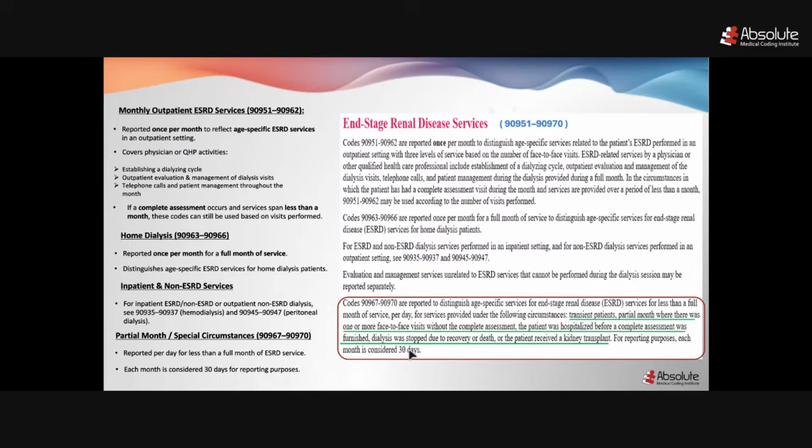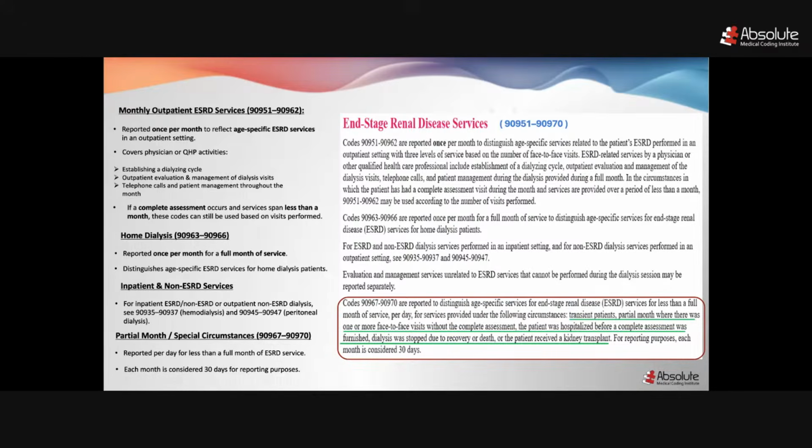They can be used in situations like a transient patient, a partial month with one or more face-to-face visits but no complete assessment, a patient hospitalized before a complete assessment, dialysis stopped due to recovery or death, or in cases of kidney transplant recipients. Again, here I will give you another example.